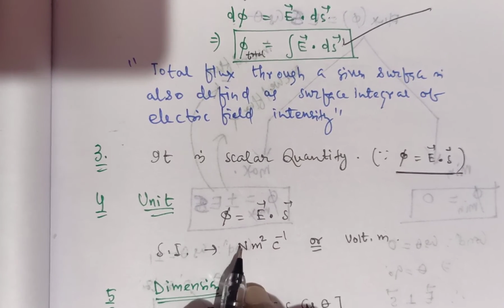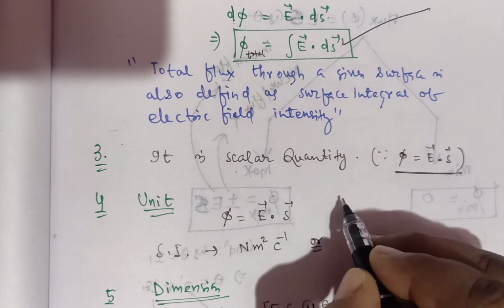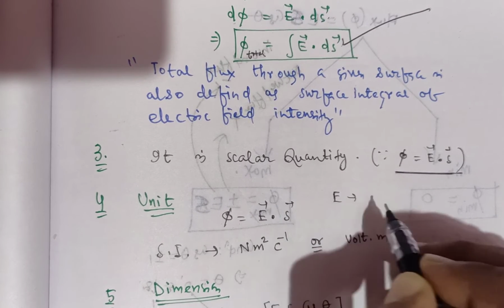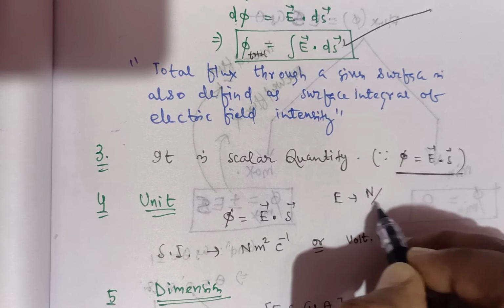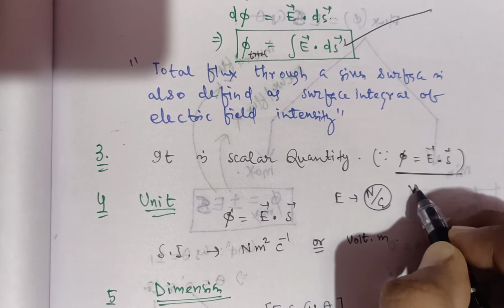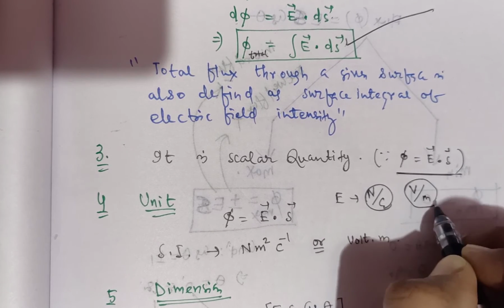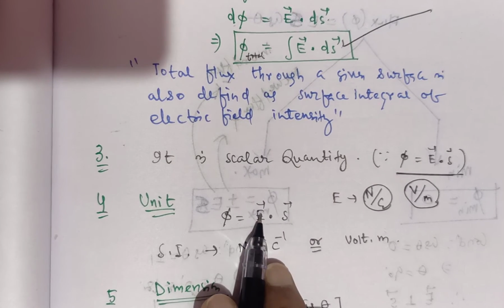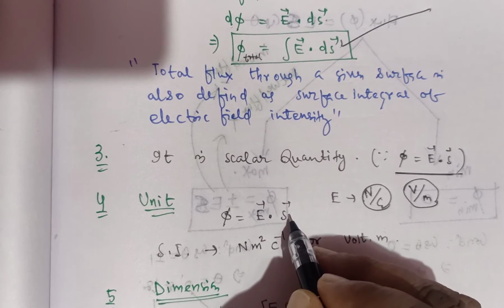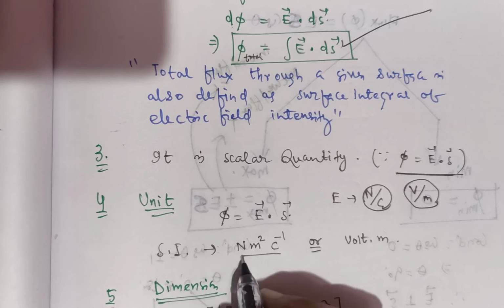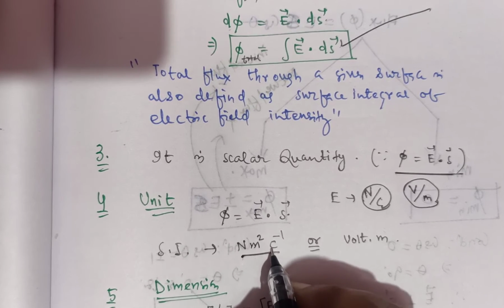Formula is given, then we will go for unit. Intensity, in the previous class, you know that intensity unit is, one is Newton per coulomb, another one is volt per meter. If you will put Newton per coulomb and it is meter square, so unit will be Newton meter square coulomb inverse.